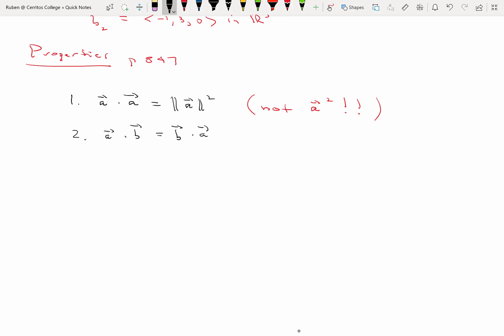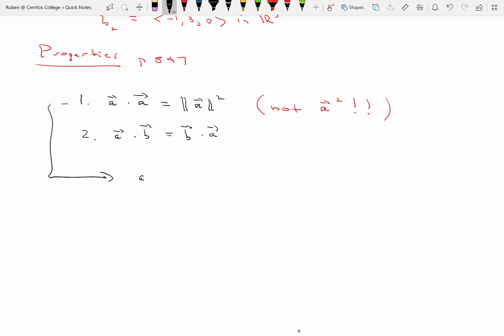It's also easy to see number one. Very easy to see. If you have A dotted with itself, that's A1 times A1 plus A2 times A2 plus A3 times A3.